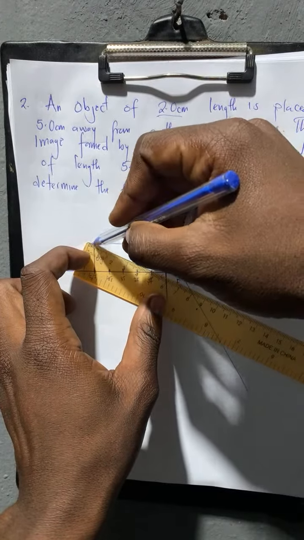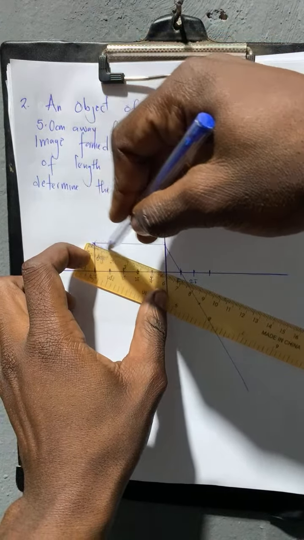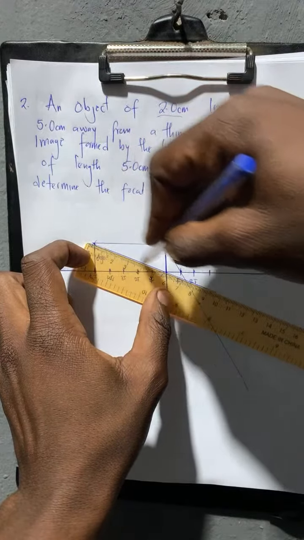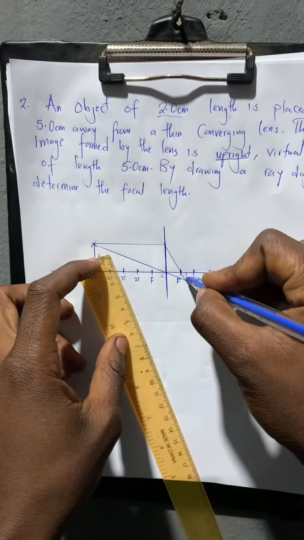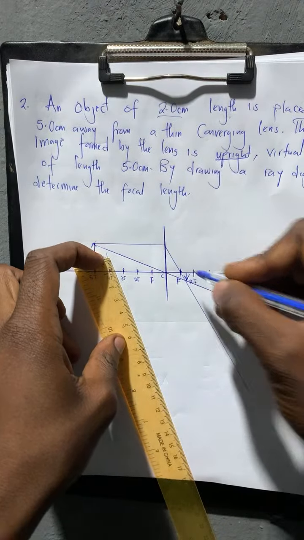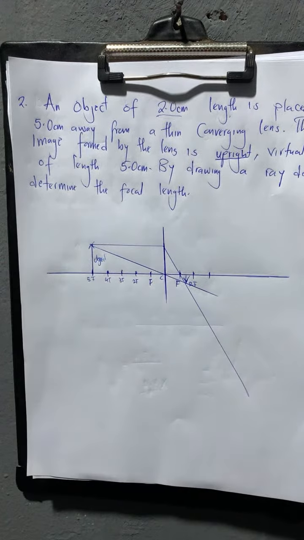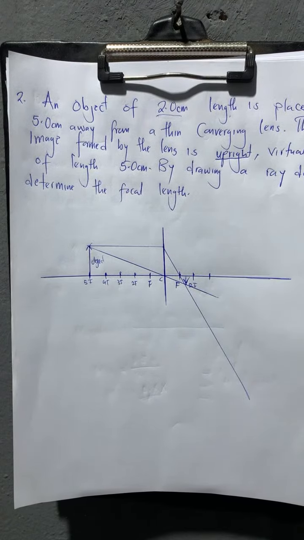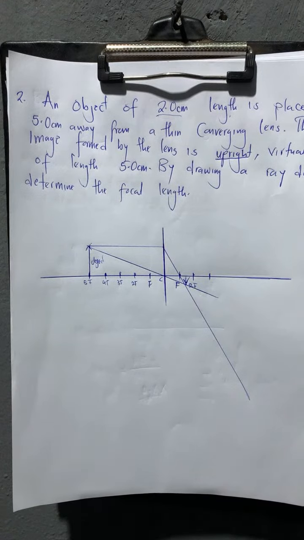If it's not upright, we draw differently. Don't forget what the question is saying. The question is saying an object, so meaning what scale are you supposed to use so that you have the exact reading.